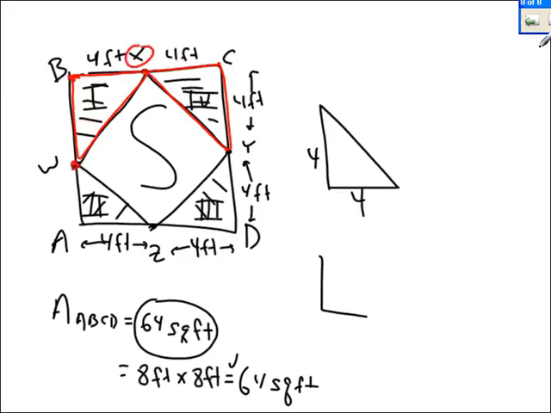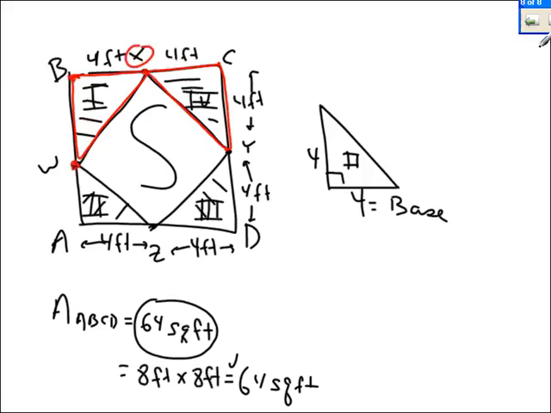They're 4 feet by 4 feet. I'm going to call this the base. Now, I guess I'm drawing triangle number 2. This is a right angle.